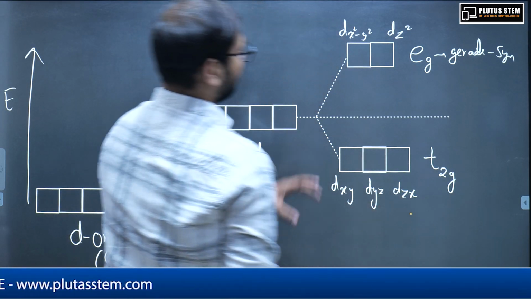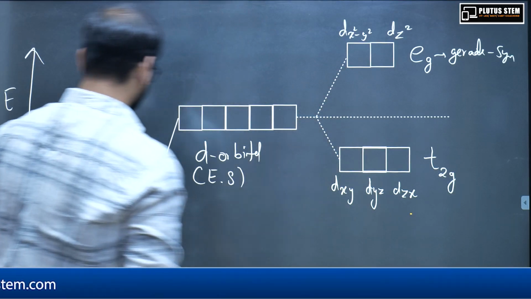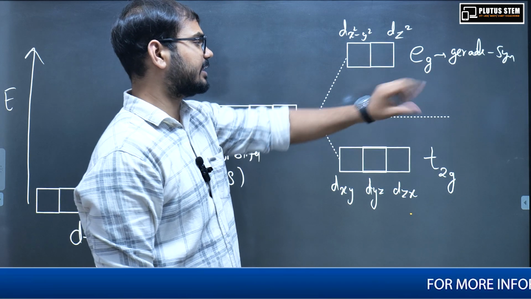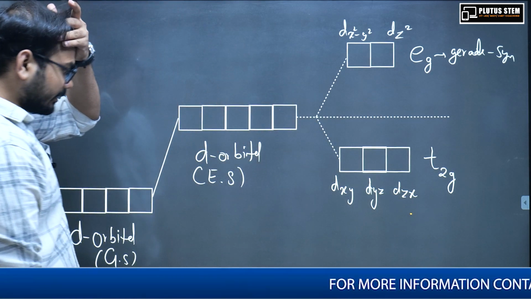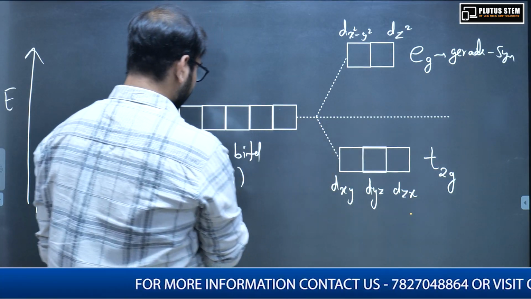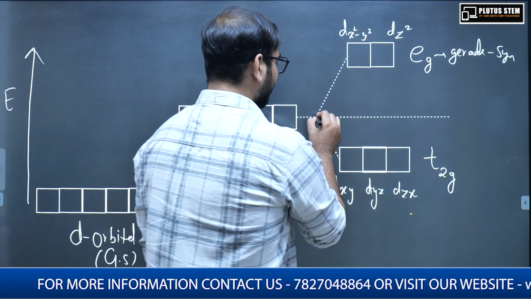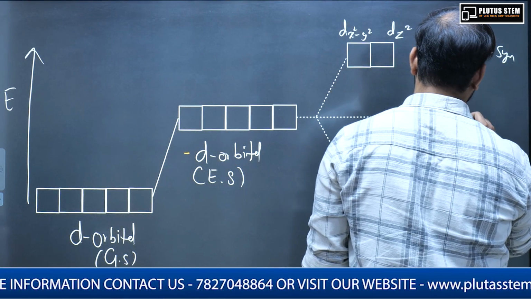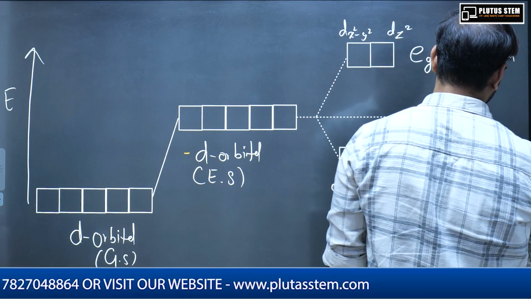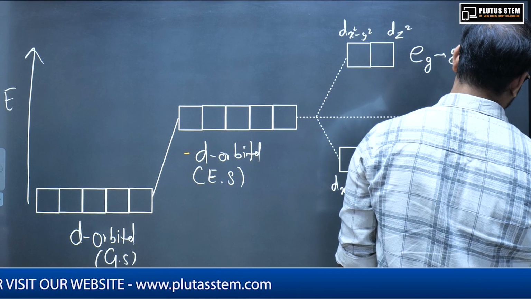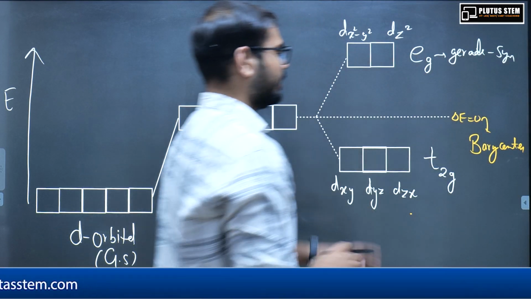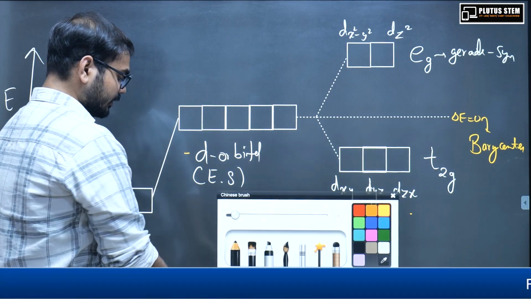Now, if you need to find the energy of these orbitals, you need to know the energy of the ground state, then of the excited state. Only then can you find the energies of these excited states. To save the trouble, we assume that the average energy of the d orbitals is zero, and this point where the average energy equals zero is called the barycenter.